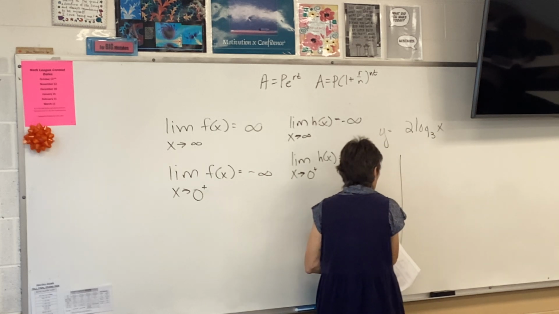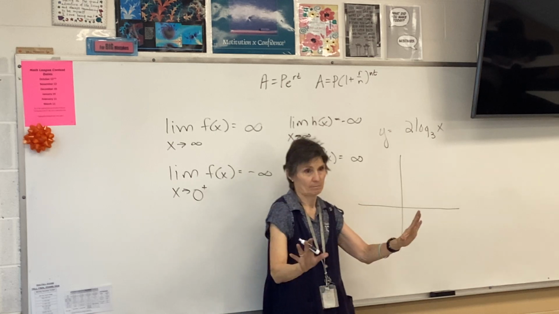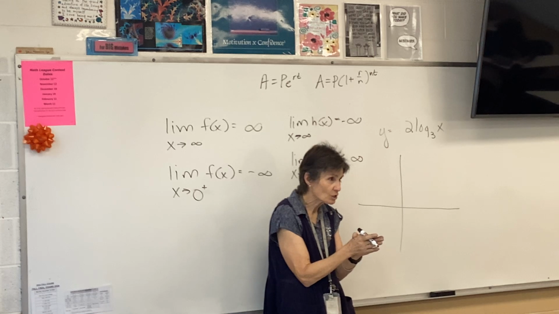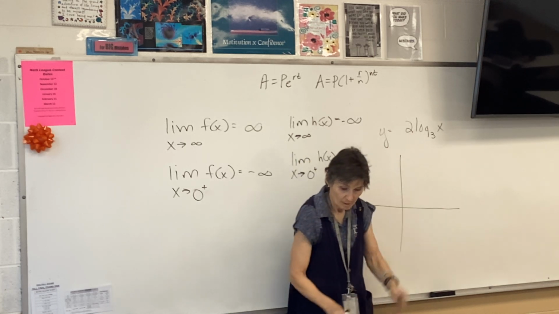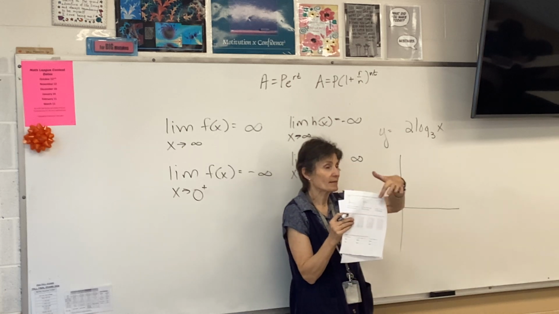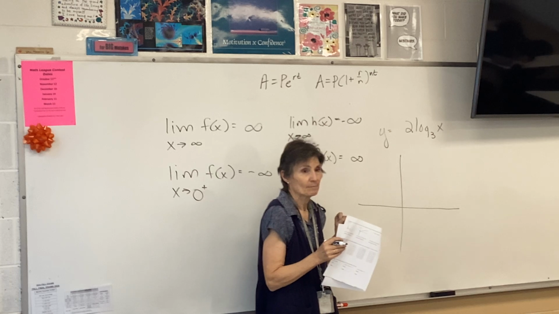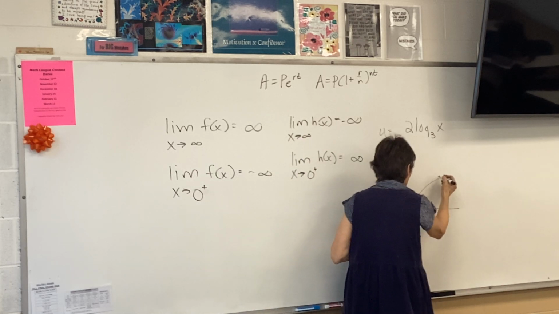Now, don't get all freaky about the base, okay? It doesn't matter. This is a logarithmic function with a positive coefficient. So of the two graphs at the top of the page, which one is this going to look like? The second one? So it looks like this.